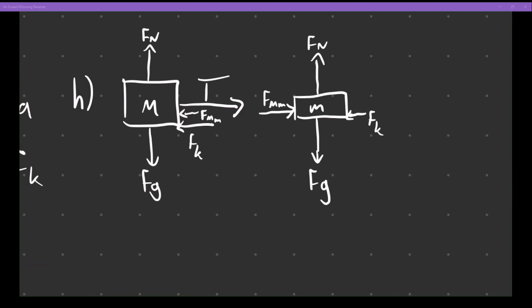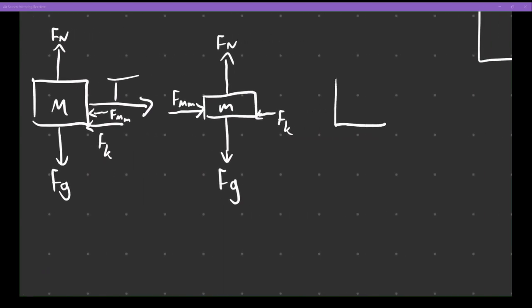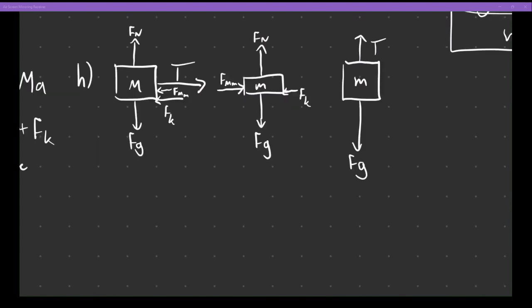So this one only has 4 forces. And then now for the hanging block, which is M, it's being pulled down by Fg, and then the tension going up counteracts that. Fg is greater than the tension, so the Fg vector is bigger. And that should be all the forces for these blocks.